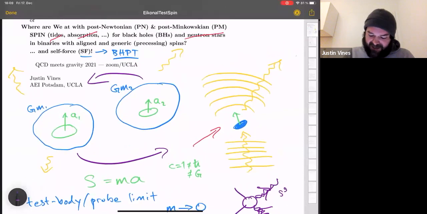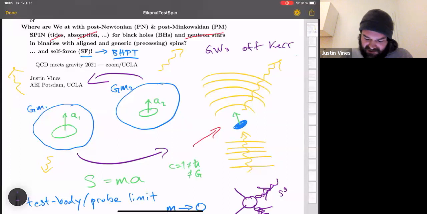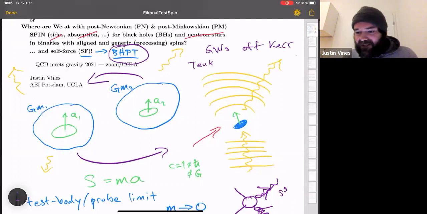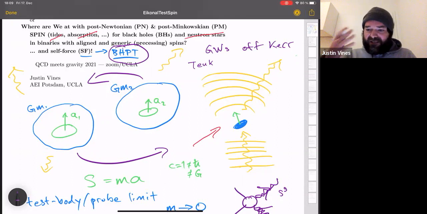So it's like classical scattering of gravitational waves off a spinning black hole, which is a problem that you can solve classically. So it is this black hole perturbation theory, not exactly the self-force guys, but these self-force people are experts in solving for linear perturbations of black hole spacetimes.